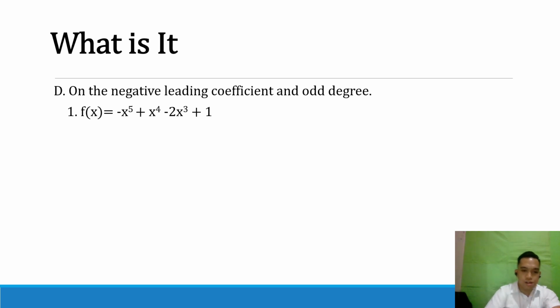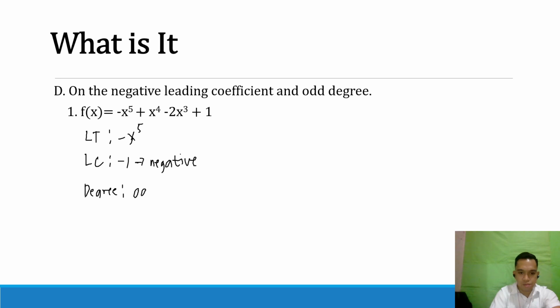Okay, so right here, the leading term is negative x raised to 5 and the leading coefficient is negative 1 and that is negative. Then the degree here is odd.